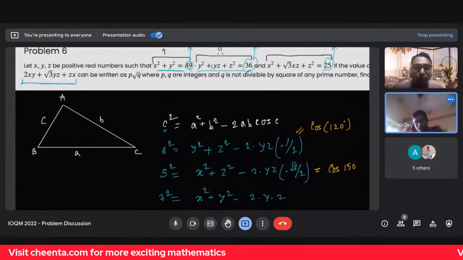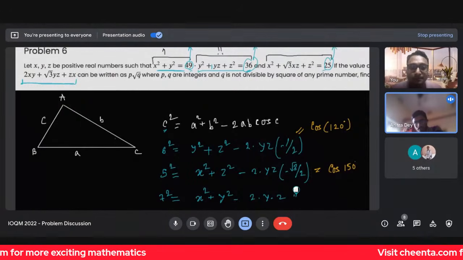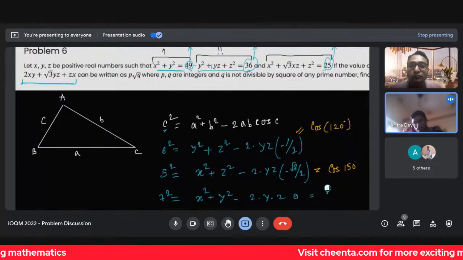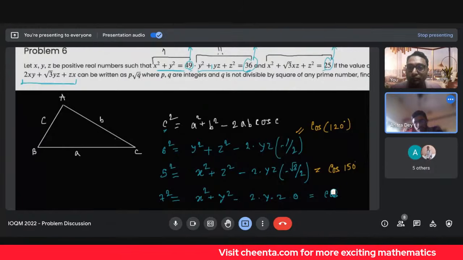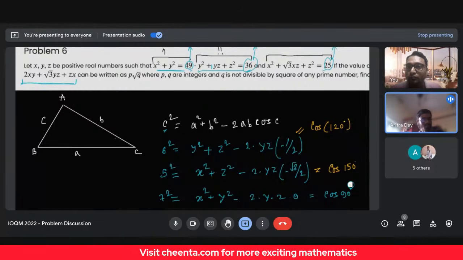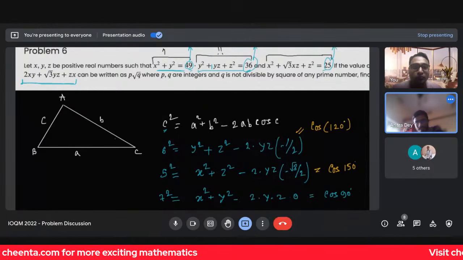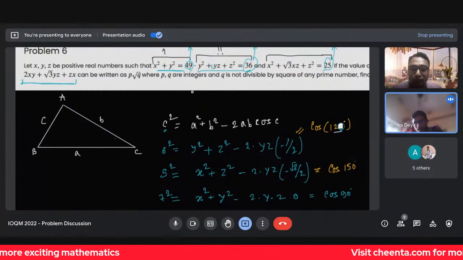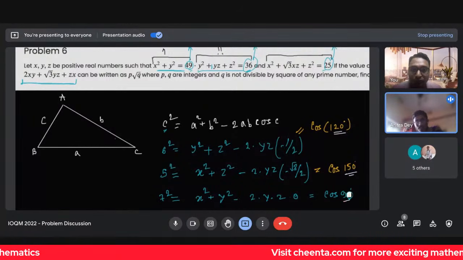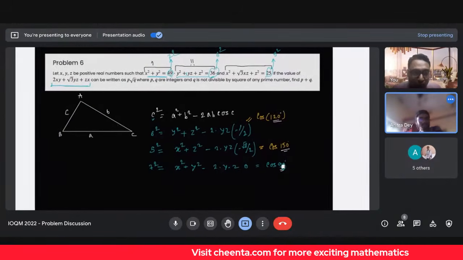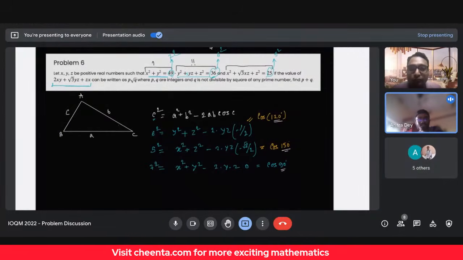So it is 0, and 0 is nothing but cos 90 degree. Now the configuration is very beautiful. Observe that 120 degree, 150 degree, and 90 degree, when they sum up, give 360 degree.